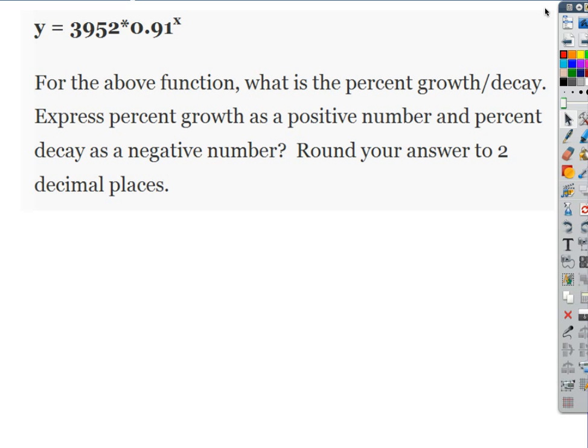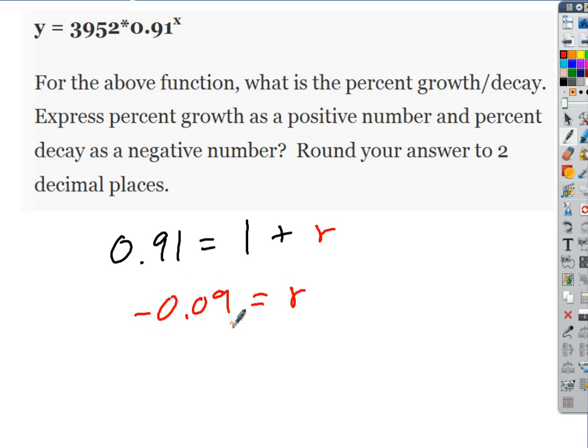It's -9%, because if we take the decay rate in this case, 0.91, and set that equal to 1 plus R and solve for R, if I subtract 1 from both sides, don't I just get R equals 0.91 minus 1, written as a percent, R equals -9%. So we're losing 9%.